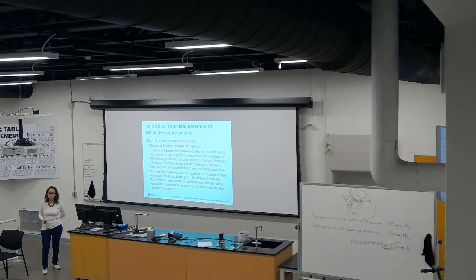So something else that controls the blood pressure is actually the presence of hydrogen ions and the levels of oxygenation. These are detected by peripheral chemoreceptors found in the same arteries, the aorta and the carotid artery. As well, we have central chemoreceptors that are located in the medulla oblongata.